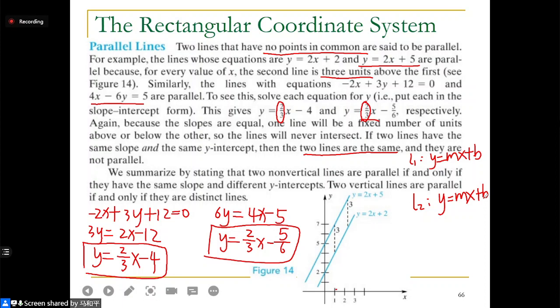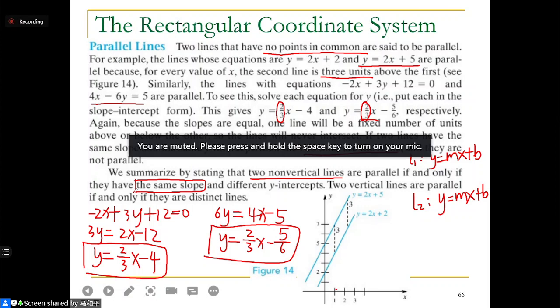Always summarize by stating two non-vertical lines, because we talk about the slope. A vertical line doesn't have a slope. So two non-vertical lines are parallel only if they have the same slope and different y-intercepts, right?